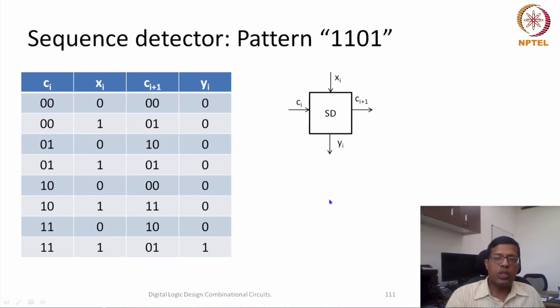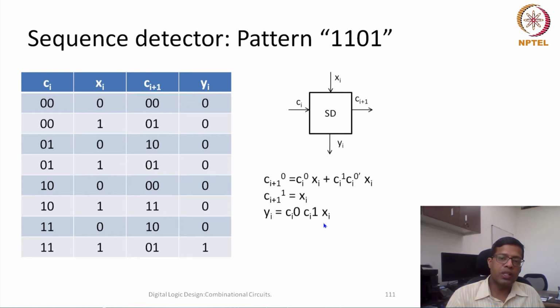If I write all these Boolean equations using my truth table, I'll have some equations something like this, which say that the 0th bit of Ci plus 1 would be determined with this equation, the first bit of Ci plus 1 would be determined by xi, and yi would be determined by these three. Basically all of these conditions have to match.